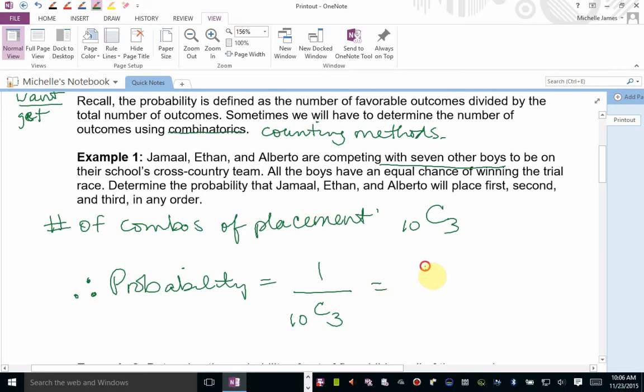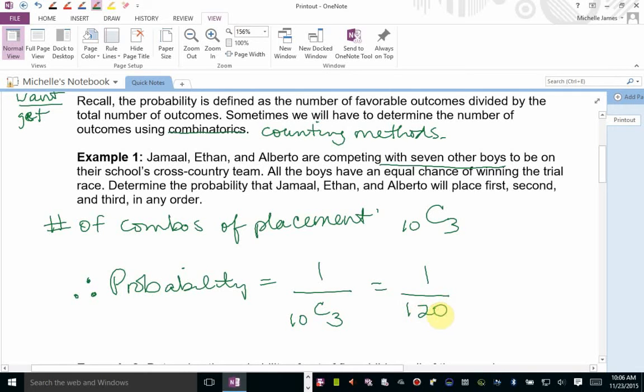So calculate 10C3, if you remember how to do it. Which is 120. That's right.